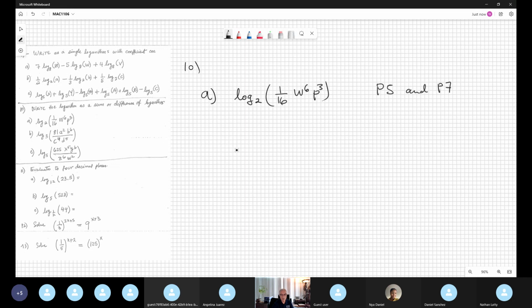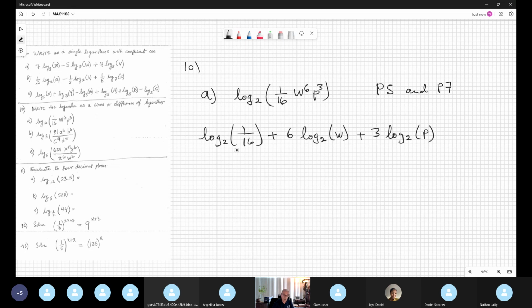Property number 5 expands this into logarithm base 2 of 1/16 plus, and now 6 times, because of property number 7, the exponent you move to the front as a factor, logarithm base 2 again of W plus 3 times, everything is plus because it's times, logarithm base 2 of P.